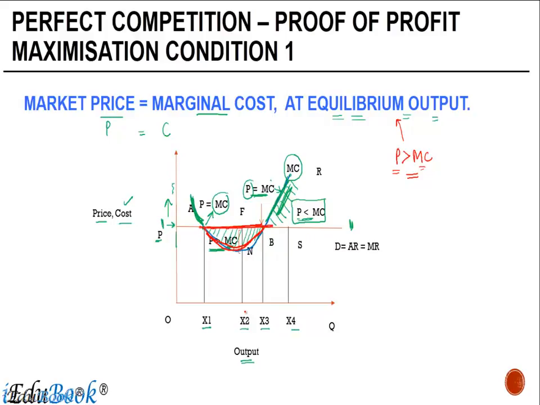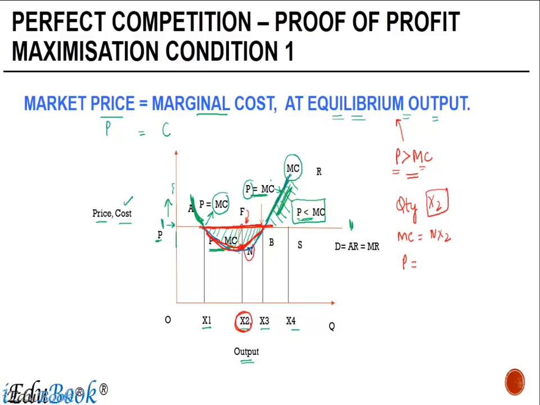In this particular area, let's say he produces the quantity x2. In such a case, the marginal cost will be how much? This is the marginal cost. Let's say this point is n. The marginal cost here is nx2, and the price here is, let's say this point is f.